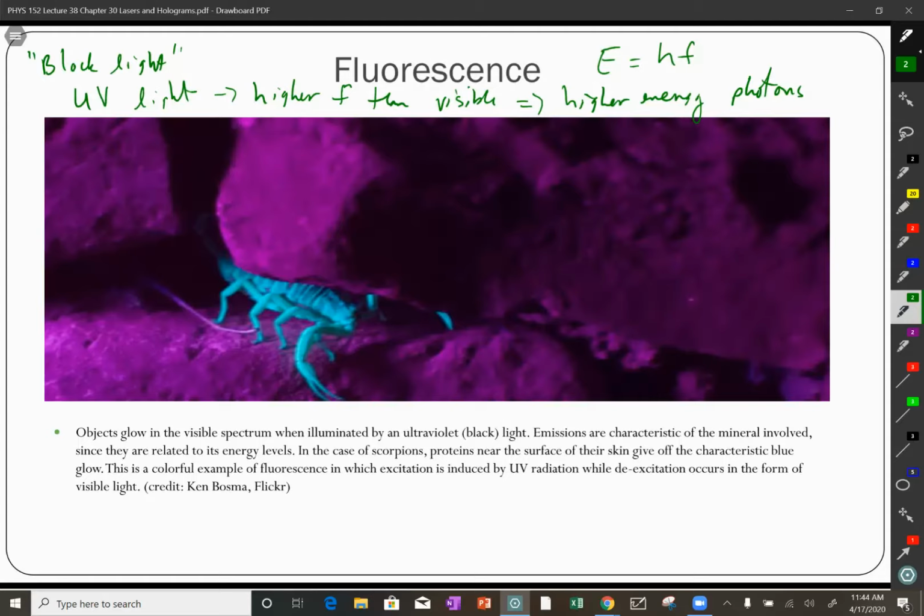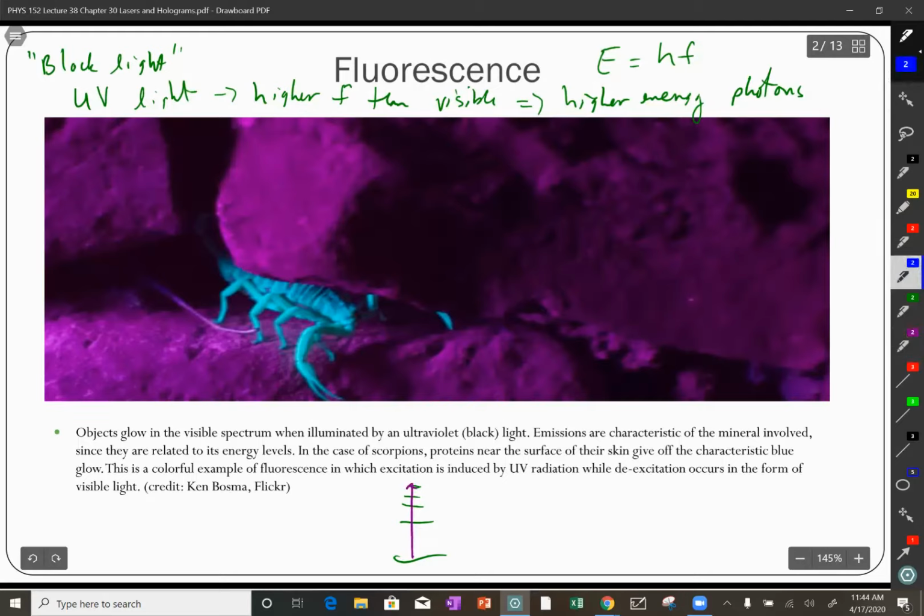And so you have this light with high energy, and when it hits something, like in this picture, when it hits that little scorpion, that light can be absorbed. And so you have the energy level of whatever atoms are in the carapace of the scorpion, and the ultraviolet light might excite it up to that level.